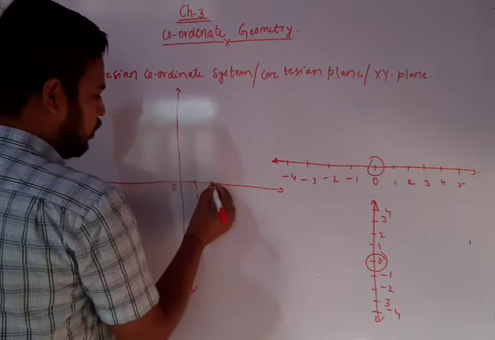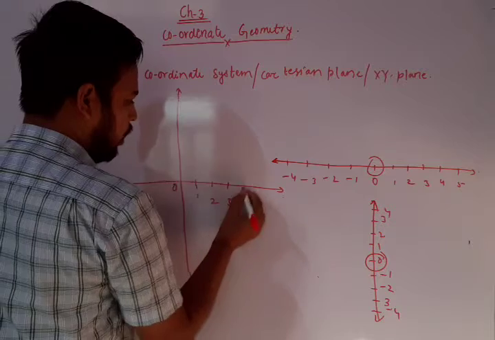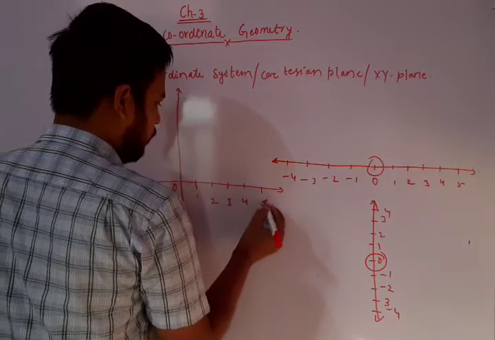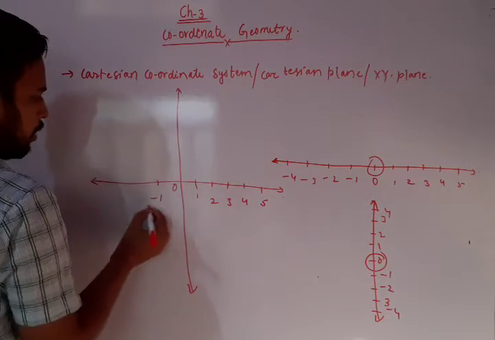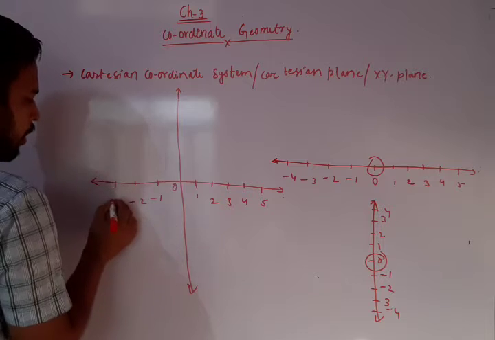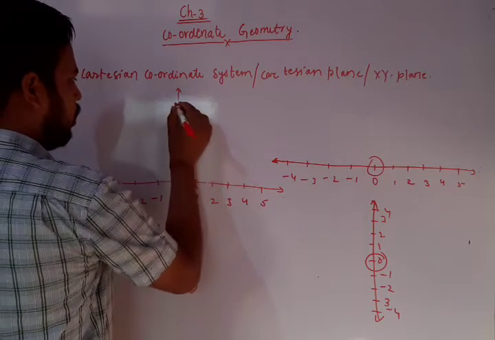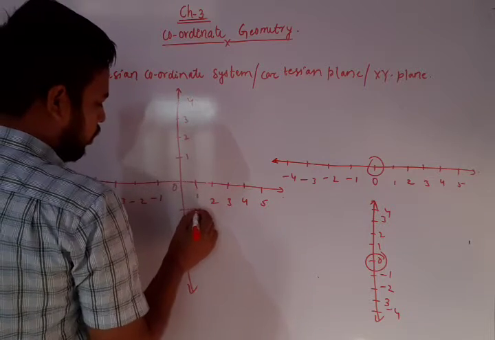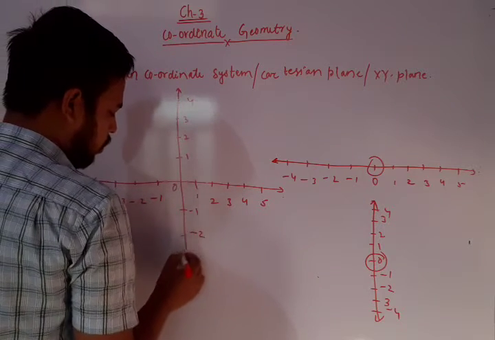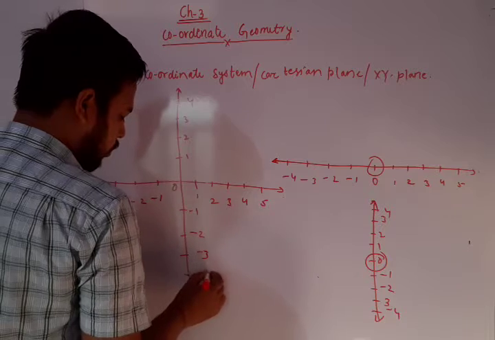This will be 1, 2, 3, 4, 5. This side will be -1, -2, -3, -4, and so on.